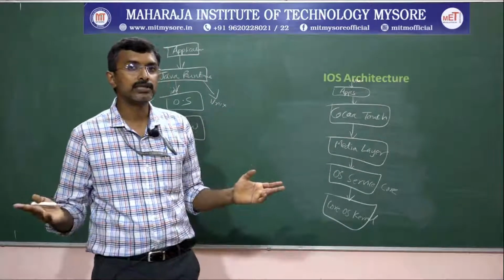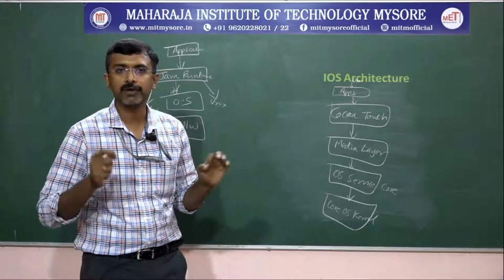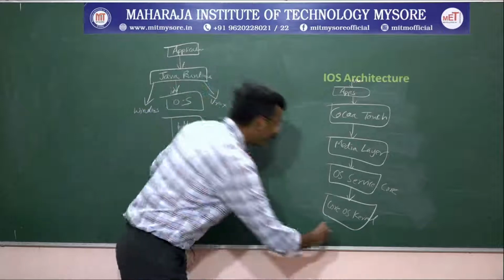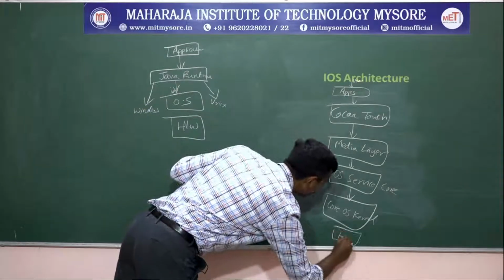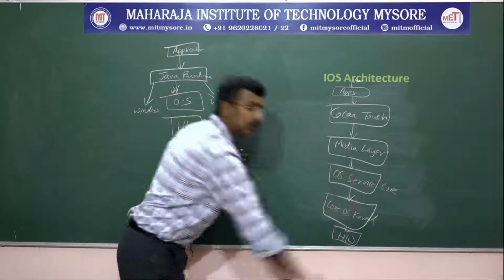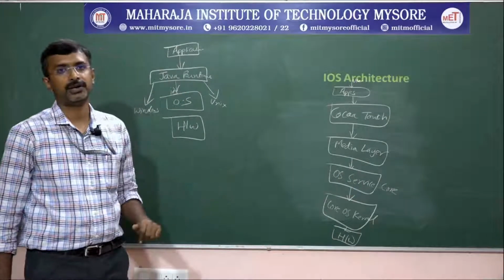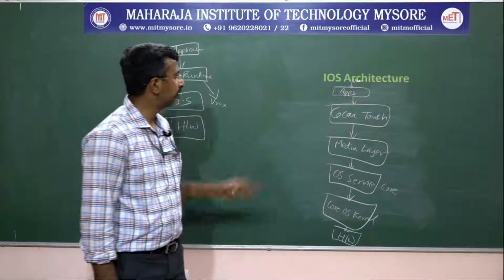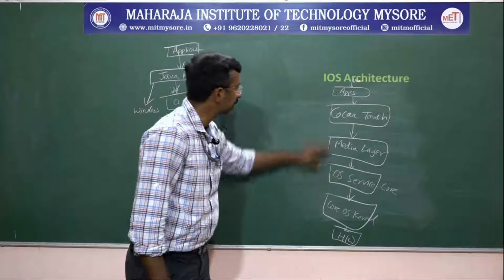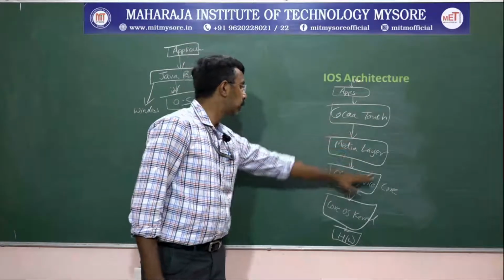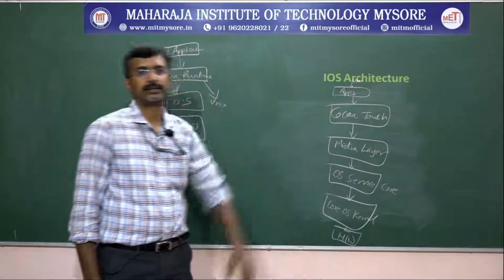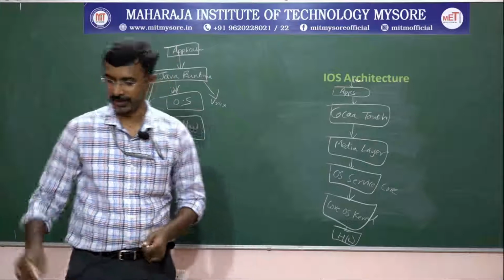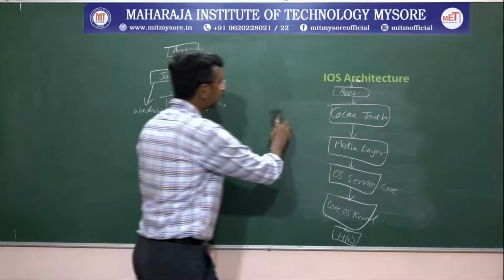Is it related to Unix or Linux? No, it's a completely from-scratch developed OS, exclusively for their own hardware. It is not for us. That's the reason the UI is wonderful. So this is a simple 4-layer structure: Cocoa Touch, media layer, core services, core OS kernel.